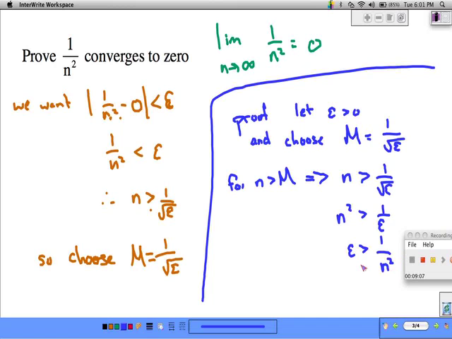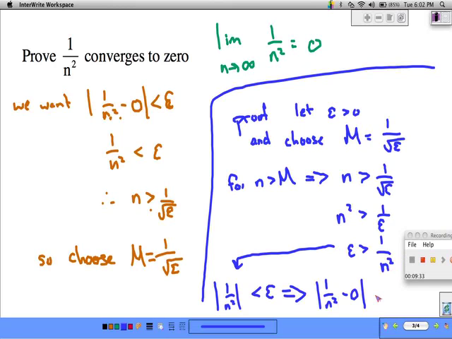So epsilon has to be greater than 1 over n squared. Which means that it also has to be greater than the absolute value of 1 over n squared. Which implies that the absolute value of 1 over n squared minus 0 is less than epsilon.